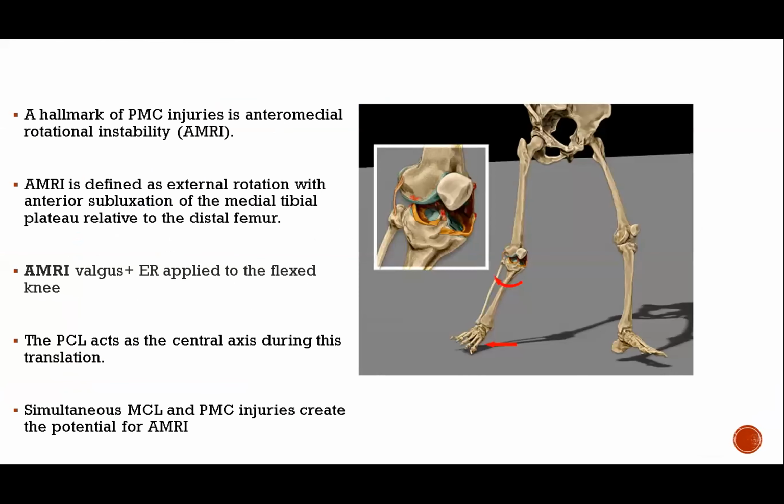Probably a mechanism which tears both, and other aspects have healed fully or partially, and as a result, only the posteromedial corner, where it's not healed, will result in AMRI. We have seen such cases where they complain of rotational instability alone. Probably the MCL would have healed, and only this aspect was not healed. But functionally, they're not too bad unless they're an athlete. But athletes keep coming with issues for a long time.